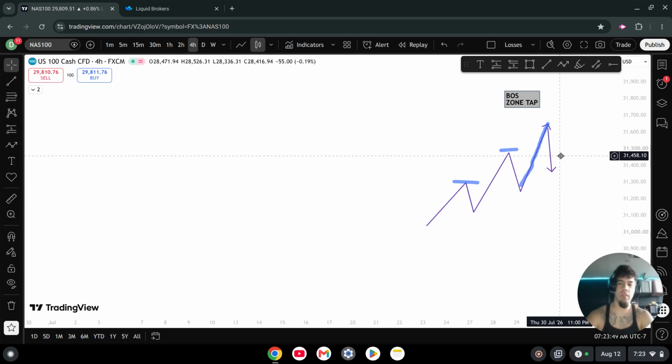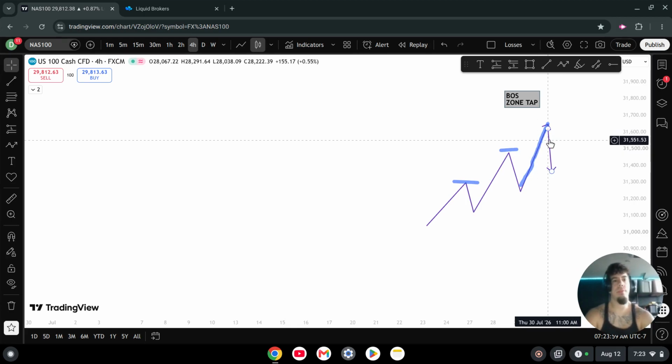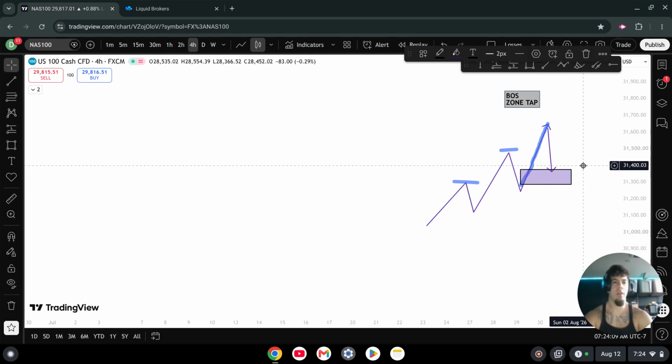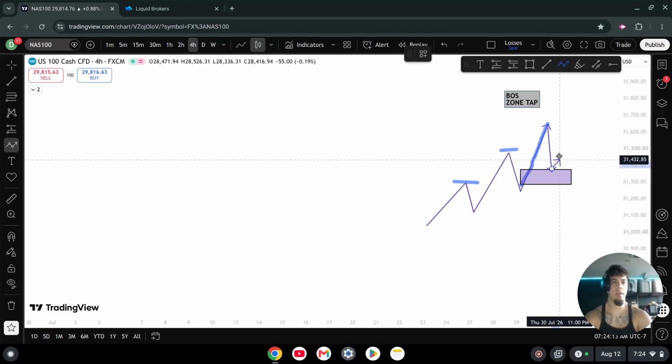Every surfer knows that they have to wait for a specific time to catch a wave, right when it pulls back, and then they can catch it. So this is what we do. We wait for the pullback. We get in at a specific area, and we'll go over that in a second, and then we take it all the way up.